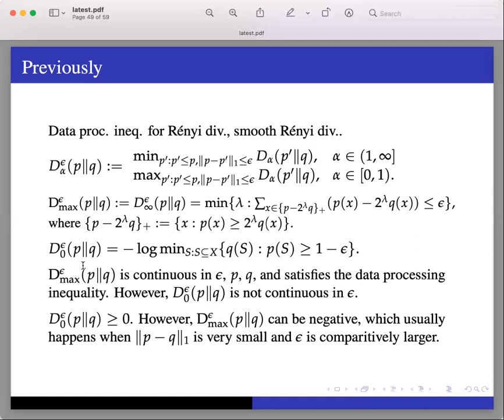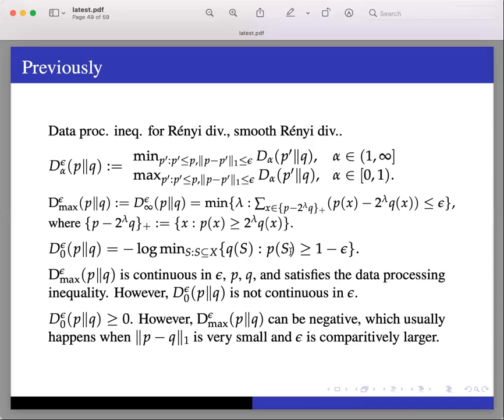And recall that D0, of course, was the negative log of the probability of the support of P under Q. If I want to smooth, the idea is I will throw away some excess from the support of P, which will total up to less than epsilon for P. So S is the complement of those x's that I've thrown away.